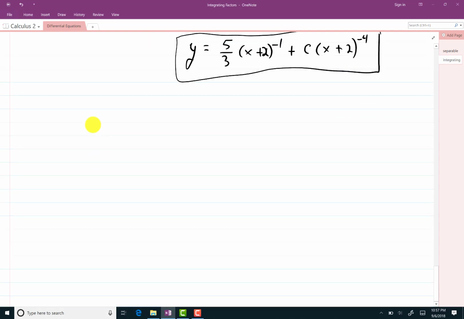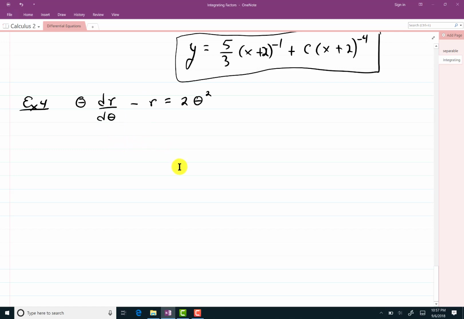Now for my next example, we haven't done one of these just yet, so I'll throw it in here. Suppose I give you theta times dr over d theta minus r equals 2 theta squared. Here, the independent variable is theta, the dependent variable is r, so r is like y and theta is like x.